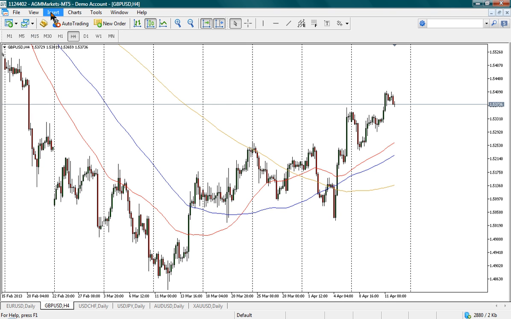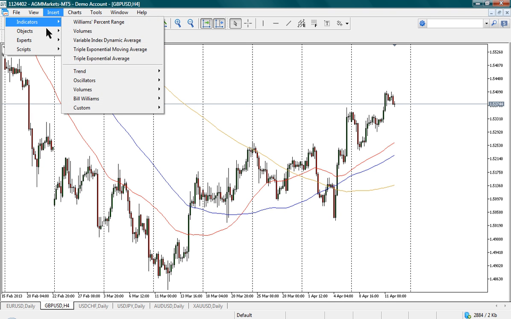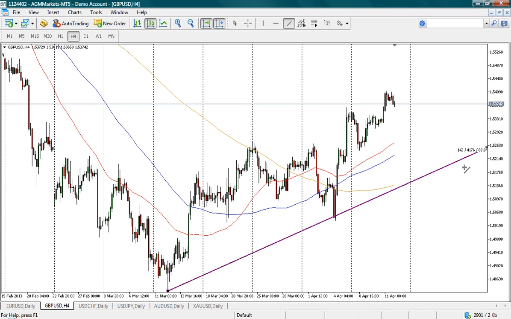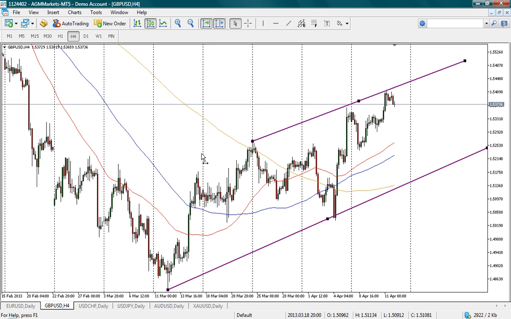I mean, also don't forget we are in an uptrend channel here, right? So let's just draw it via a trend line. We have the trend line support there, and we have trend line resistance. You could probably extend that as well. So we are inside a decent channel here.